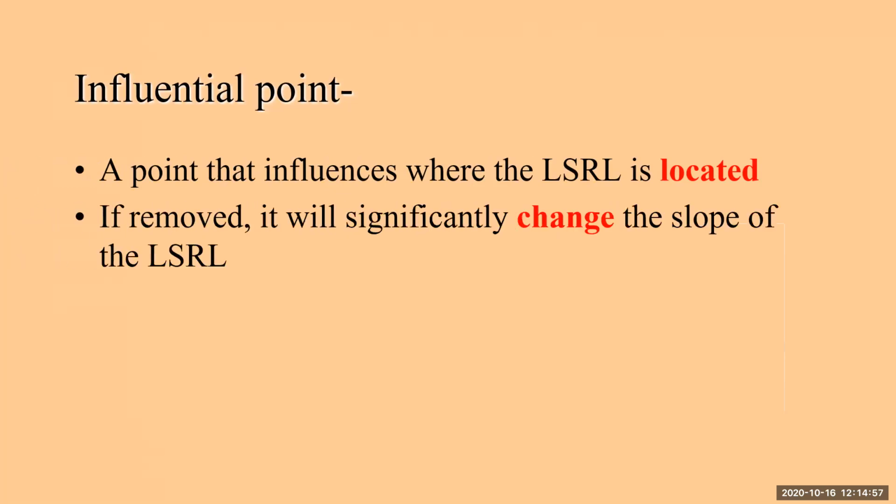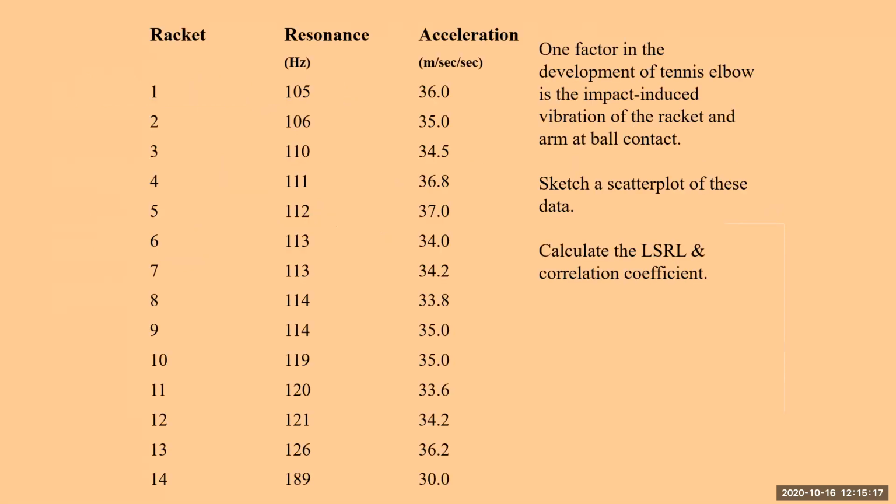And if removed, it will significantly change the slope of the least squares regression line. So sometimes we can have an outlier point, but it may not actually change the least squares regression line because it might be on the least squares regression line. So with regards to regression, sometimes an outlier is only influential if it's going to change it.